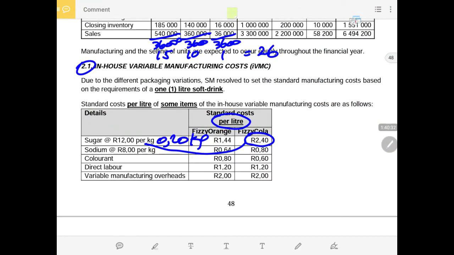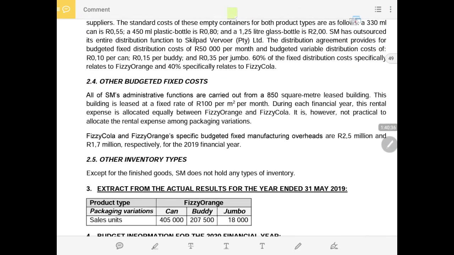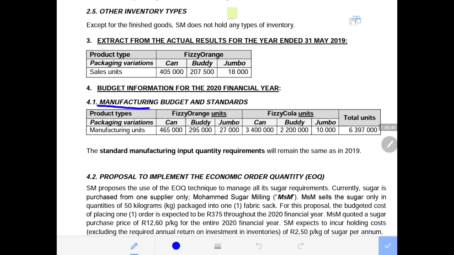Now let us go to the plan for 2020. Here is the manufacturing budget and standard for the year 2020. This is the budgeted information for 2020. Now we know that we are not doing the orange. Orange is gone. We are focusing on the fizzy cola.